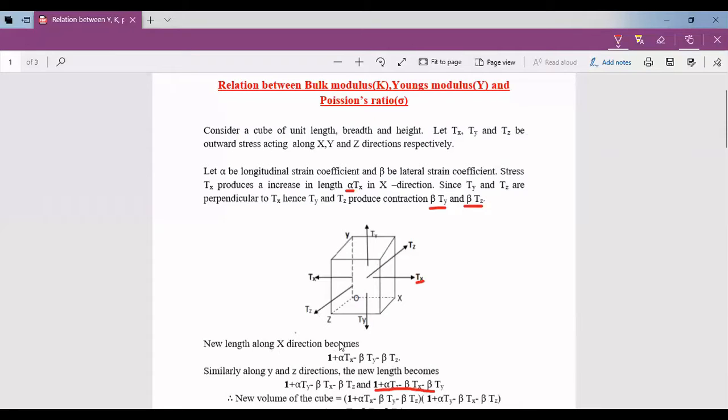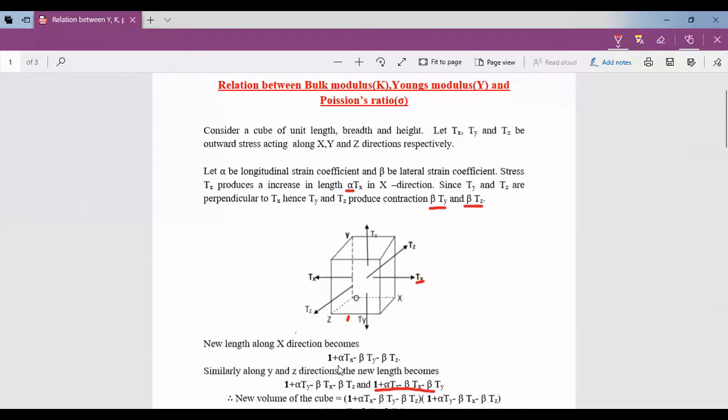Here 1 is the actual length of the cube. I told you at the beginning that the cube has unit length, so it is 1 centimeter. 1 centimeter plus the extension along the x direction, alpha Tx, minus the contraction, beta Ty minus beta Tz.